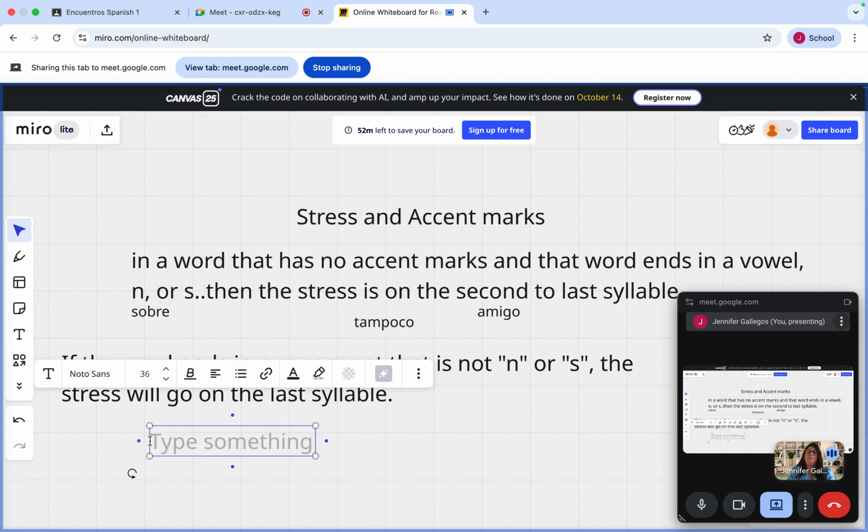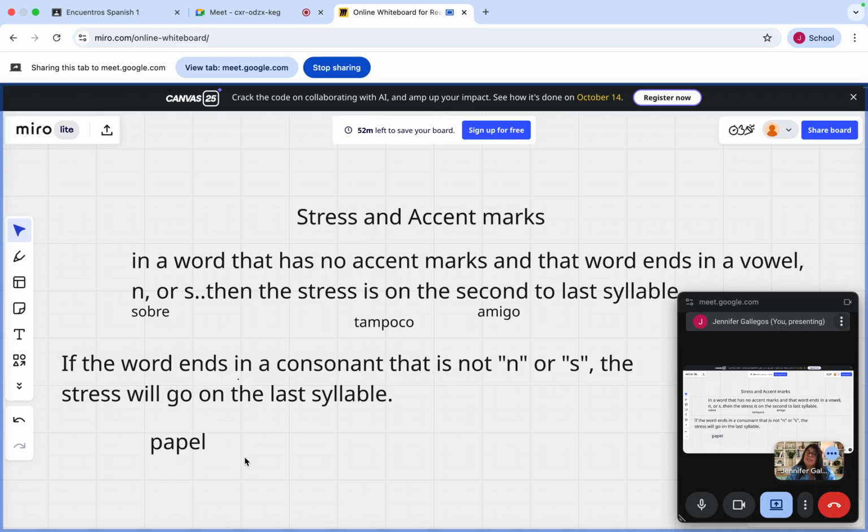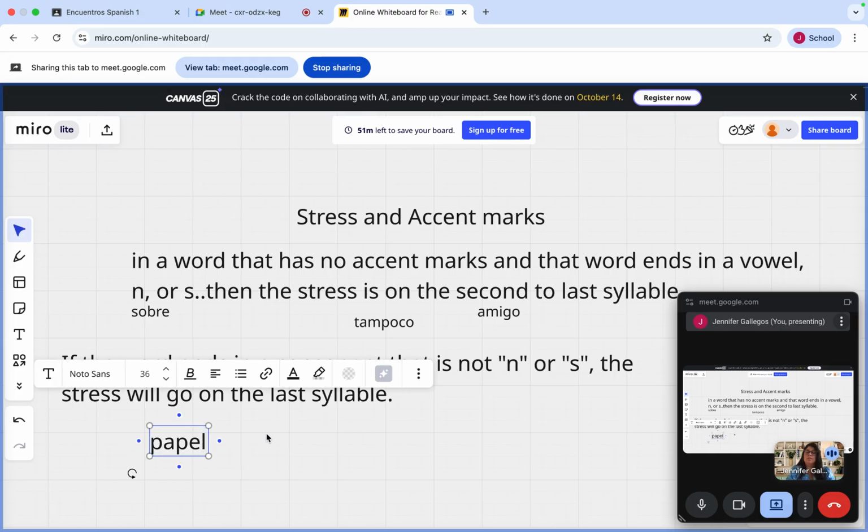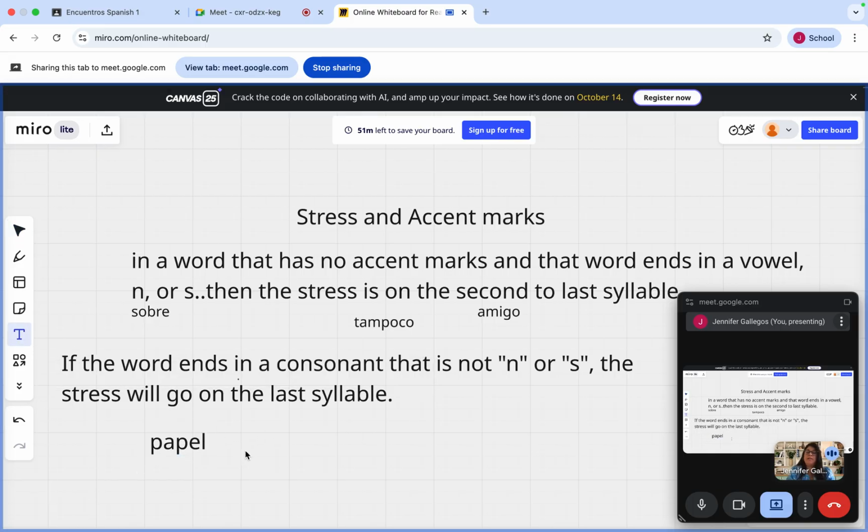So we could have a word like this. The word ends in an L, which is not an N or an S. And so we know that the stress is going to go on the last syllable, which will be the E. So it's pronounced papel. Okay, let's look at another example.